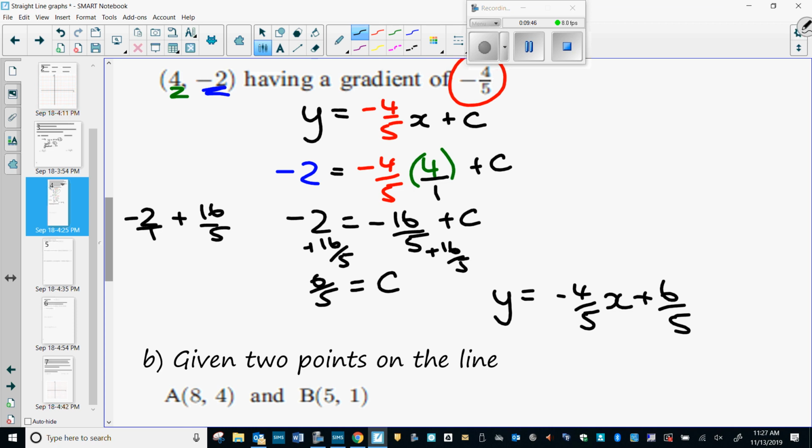So we need to make them both a denominator of 5, so we multiply both top and bottom by 5. So we've got -10/5 plus 16 over 5. Negative 10 plus 16 is 6, so the numerator is 6.